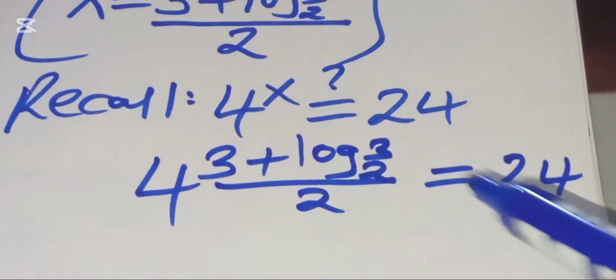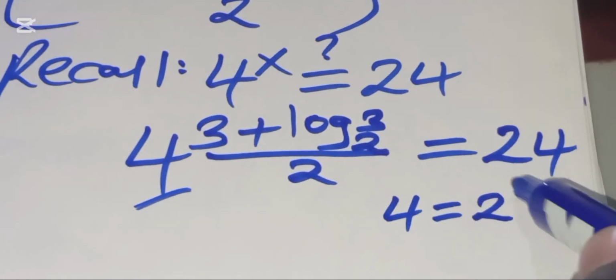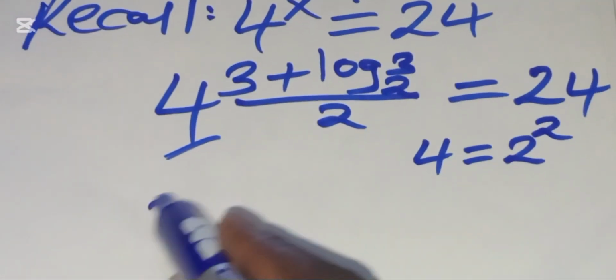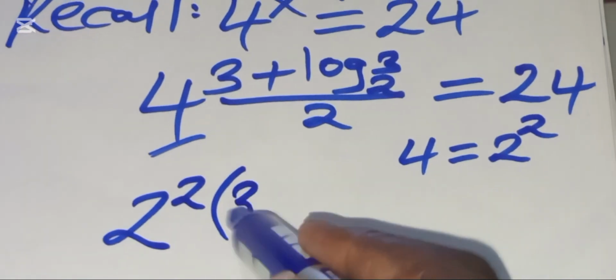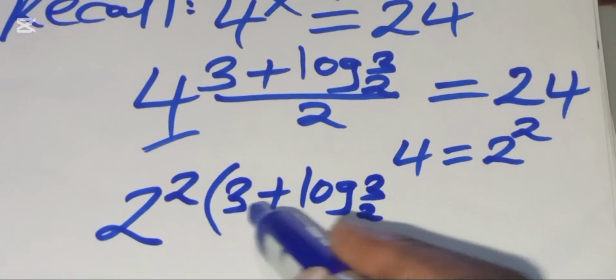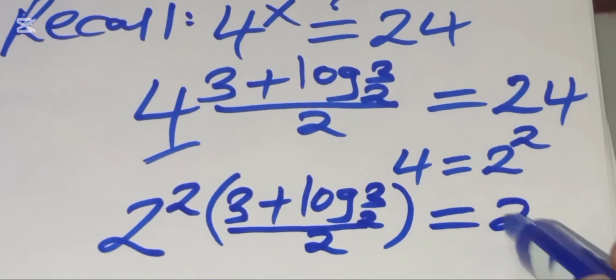Now 4 can be expressed as 2 raised to power 2, so let's substitute this. We'll have 2 raised to power 2 times the bracket 3 plus log 3 to base 2, divided by 2, all equal to 24.